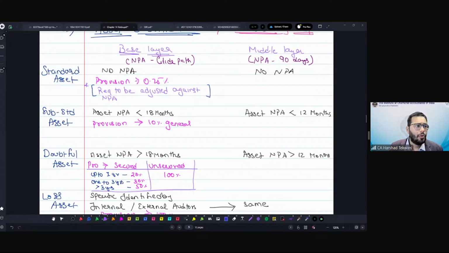What is the requirement to adjust against NPA? So I'll show you this with an understanding of how it is calculated. Well, just a minute, I'll show you.